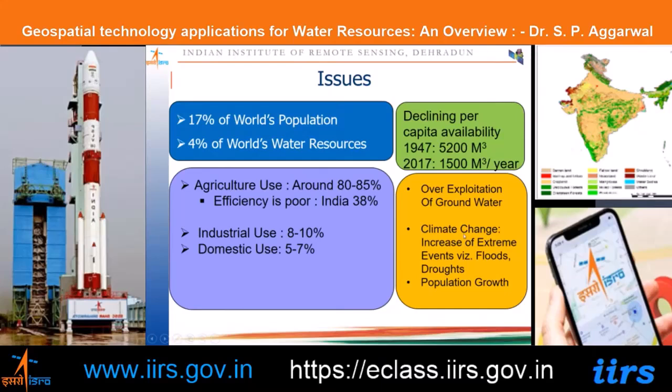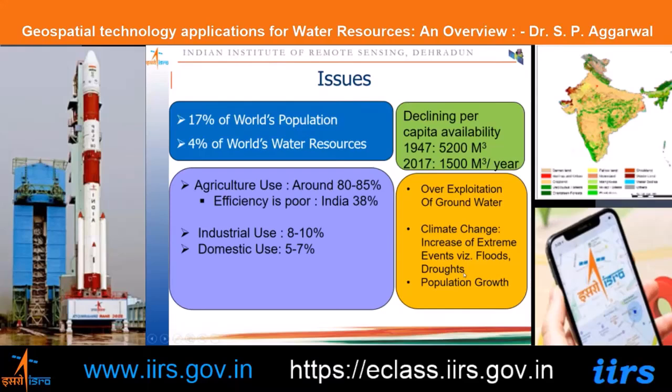In a day you have a huge amount of rain, and for the next 10 days you will not have any rain. Because of these extreme events, there is either a flood or a drought. Earlier, in an area where there was a flood, droughts were not happening. But nowadays, in the same area, there is a flood also and a drought also. This is a very unique phenomenon because extreme events have increased, and it is happening because of climate change.